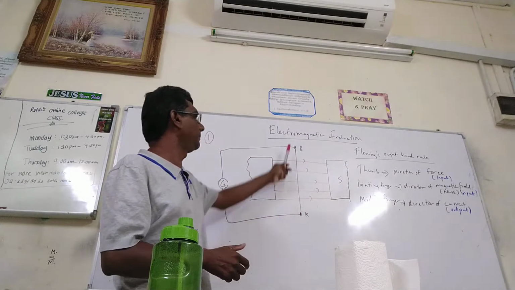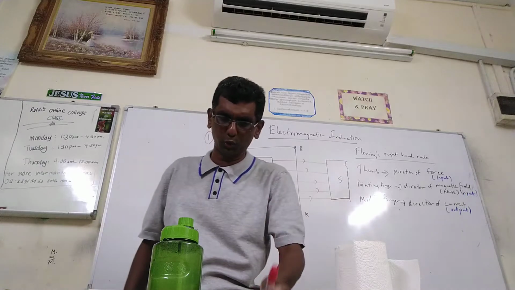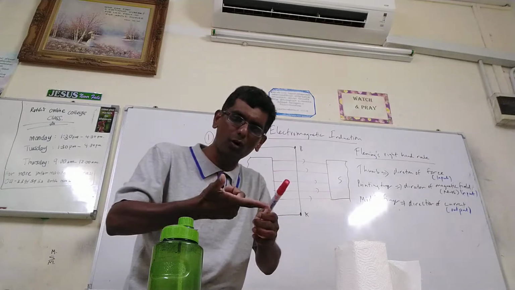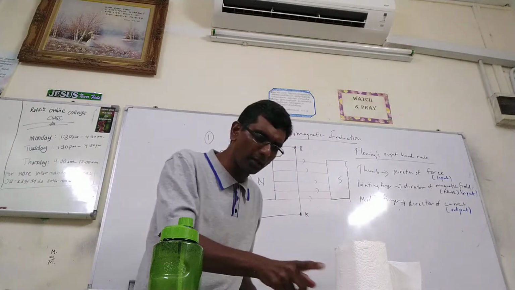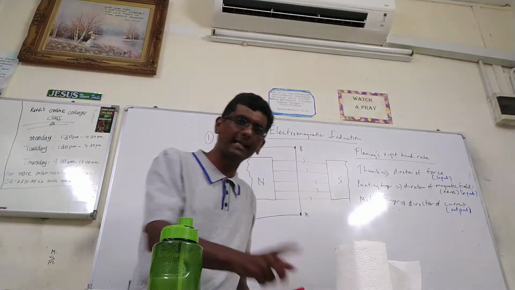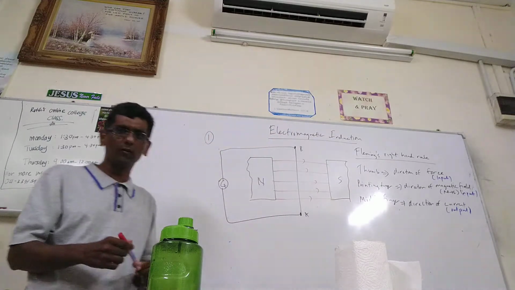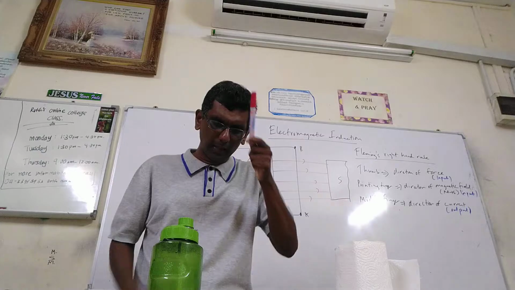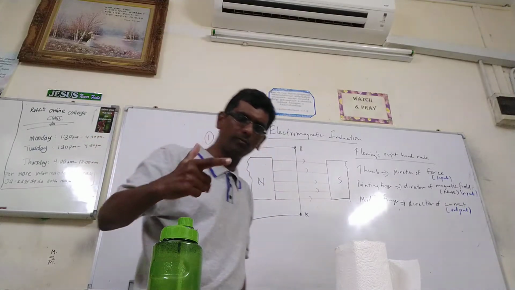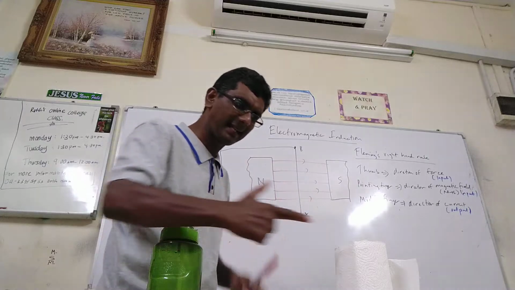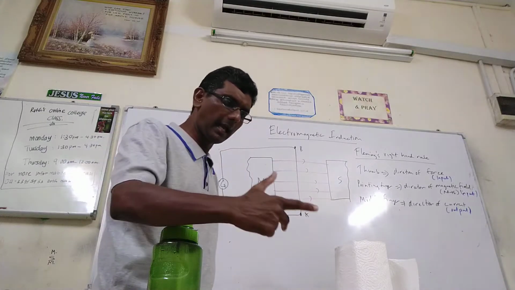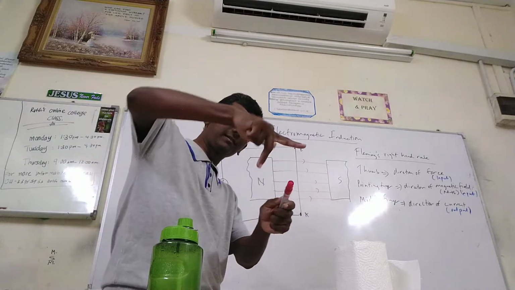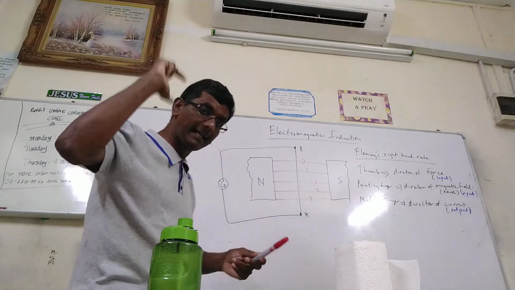Now, conductor AB cuts across. We have to give the force. The pointing finger shows magnetic field, and the thumb shows force. This is the right hand rule, not the left hand rule.